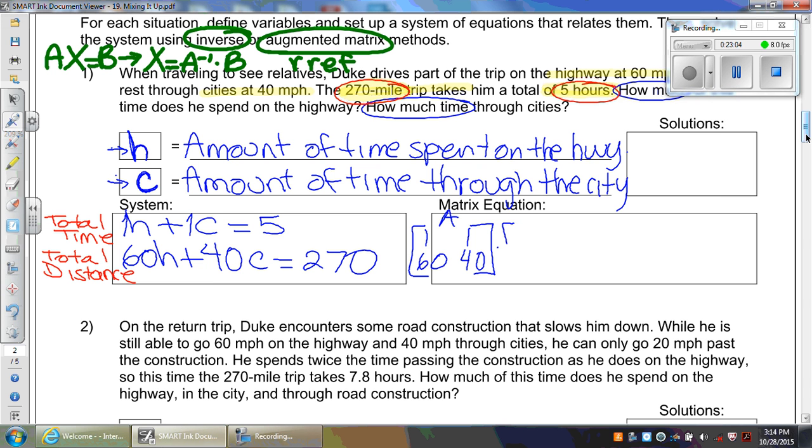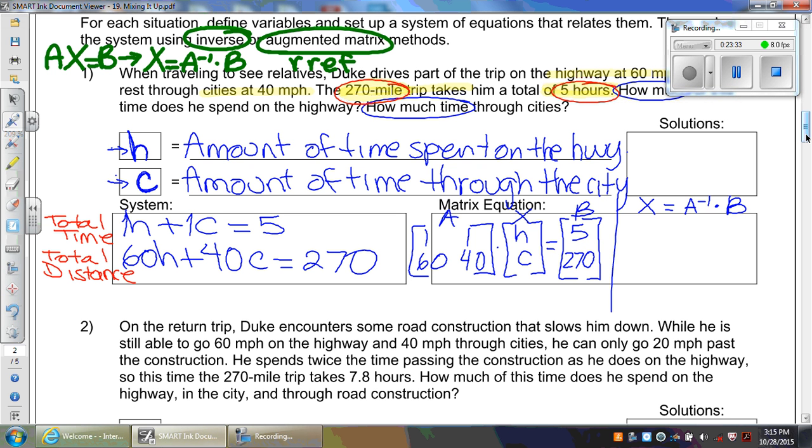That is multiplied by the variables, which in this case are H and C, and that should equal the constant terms, which are 5 and 270. To solve it, remember, we need to find the product of the inverse of the coefficient matrix times the constant matrix.